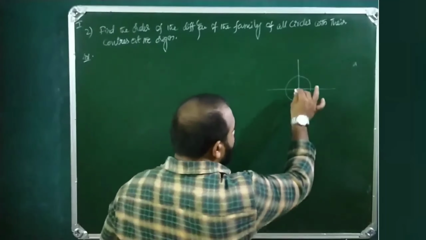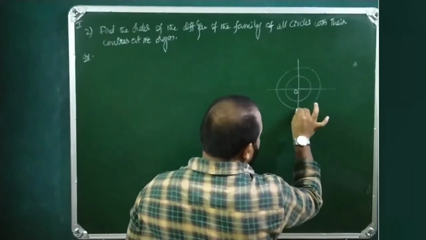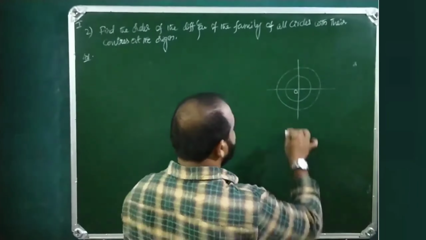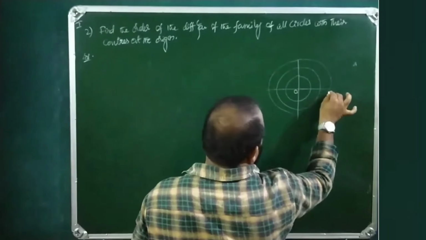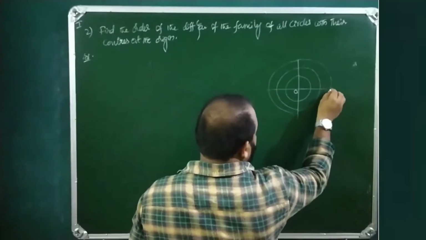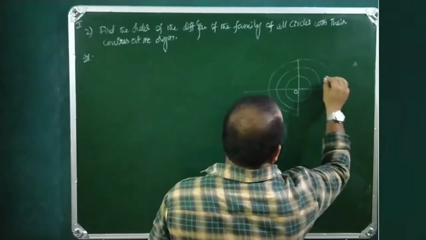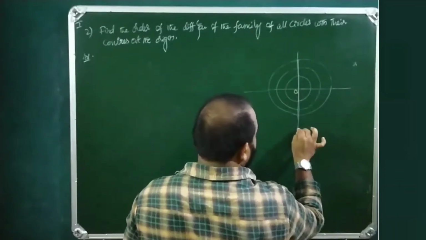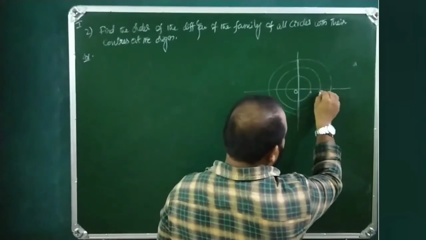But there may be so many circles having center at the origin and having different radii. So all these circles, we can say, are concentric circles. For example, this is 1 unit, 2, 3.